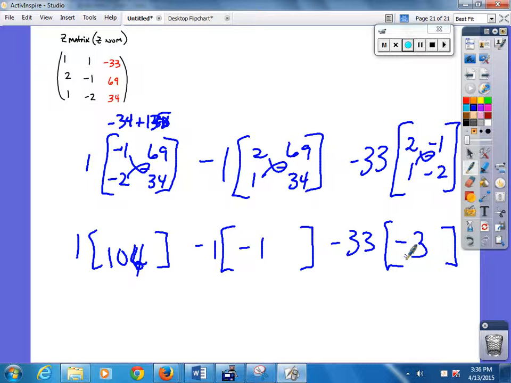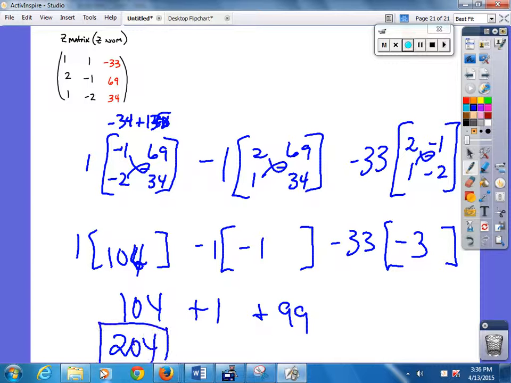All right, I'm going to do the first 2 for y'all. There you go. And then -33 times 3 is, that looks like 204. Somebody take 204 and divide it by 12. 17. It's a miracle.